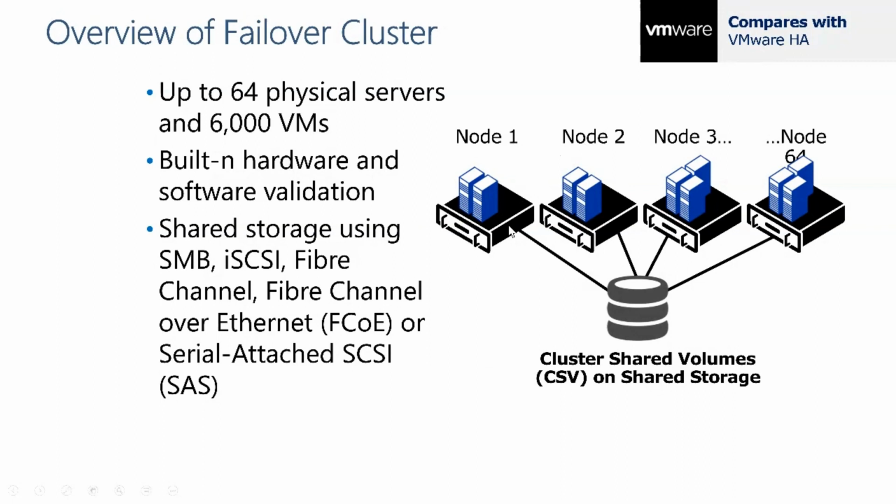If the hardware failed unexpectedly, these virtual machines go offline, obviously. But because they're part of a failover cluster, the other members will recognize that this has gone offline with the aid of the heartbeat. If you remember, we talked about the heartbeat, where it sends a little bit of information: I am alive, I am alive.